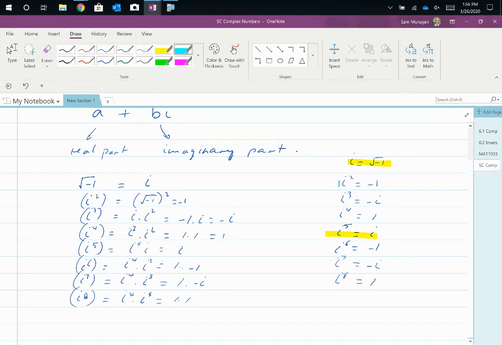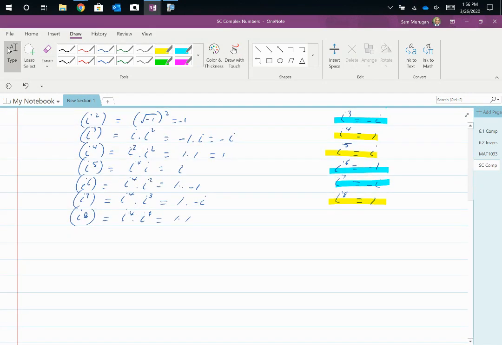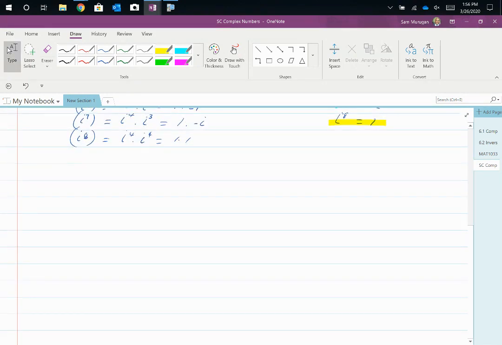Every fourth power of i is equal to 1, and we can use that to our advantage to calculate really large powers of i.